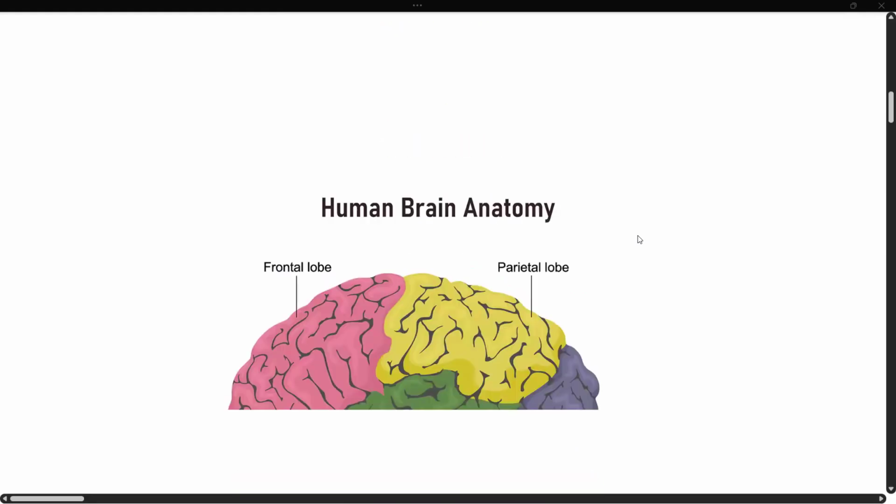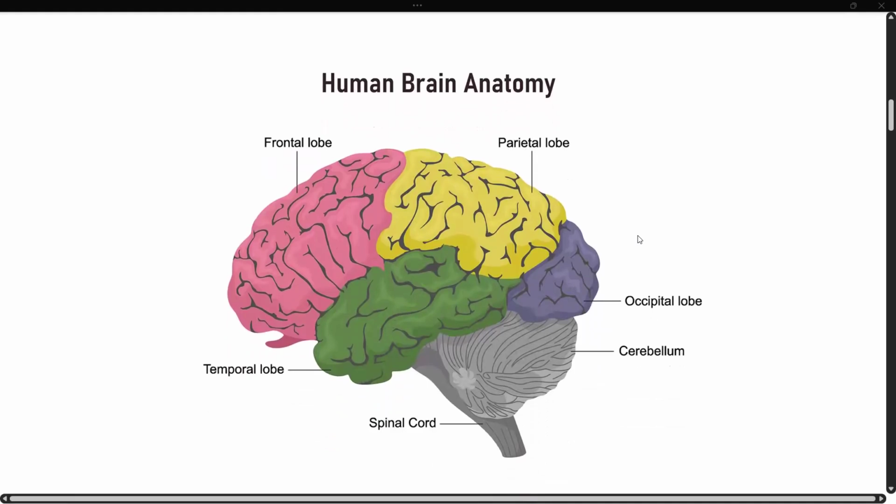Now tell me, how many of you know how many lobes we have in the brain? I'm guessing you got it right. We have 4 lobes. As we know, there are 4 lobes, right? Now let's move on to how many are they, what are they, why are they?